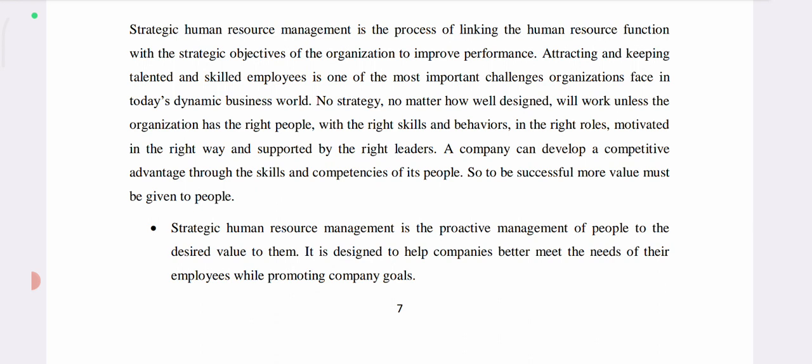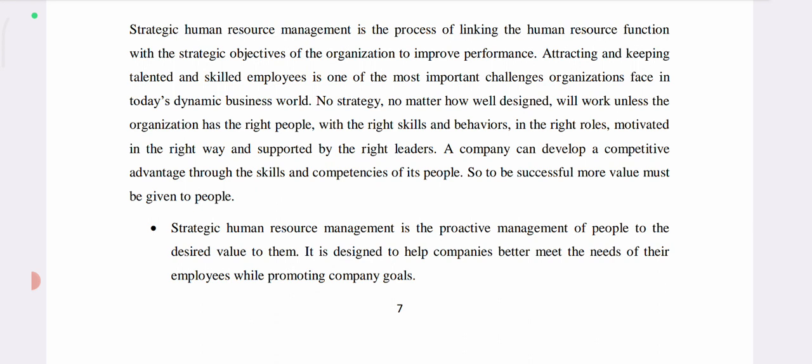No strategy, no matter how well designed, will work unless the organization has the right people, right skills and behaviors, right roles, motivated in the right way and supported by the right leaders. So a company can develop a competitive advantage through the skills and competencies of its people.